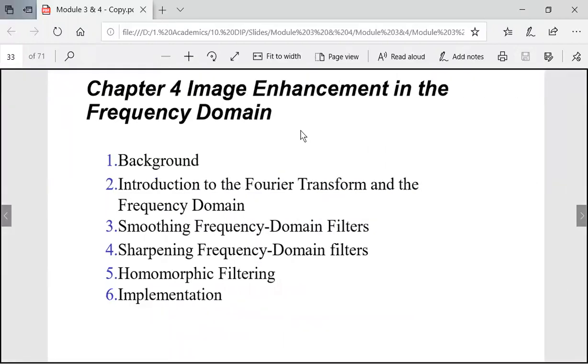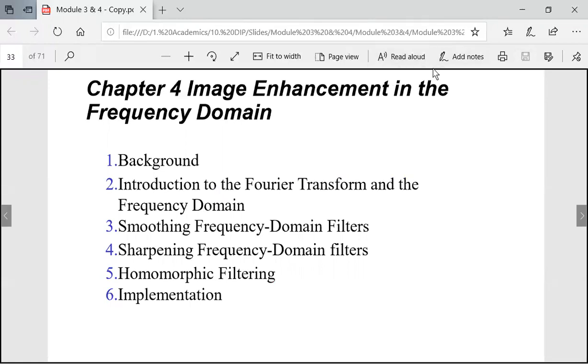So the contents of the image enhancement in frequency domain module are the background of image enhancement in frequency domain, introduction to the Fourier transform and frequency domain, smoothing frequency domain filters, then sharpening frequency domain filters, then homomorphic filtering implementation.